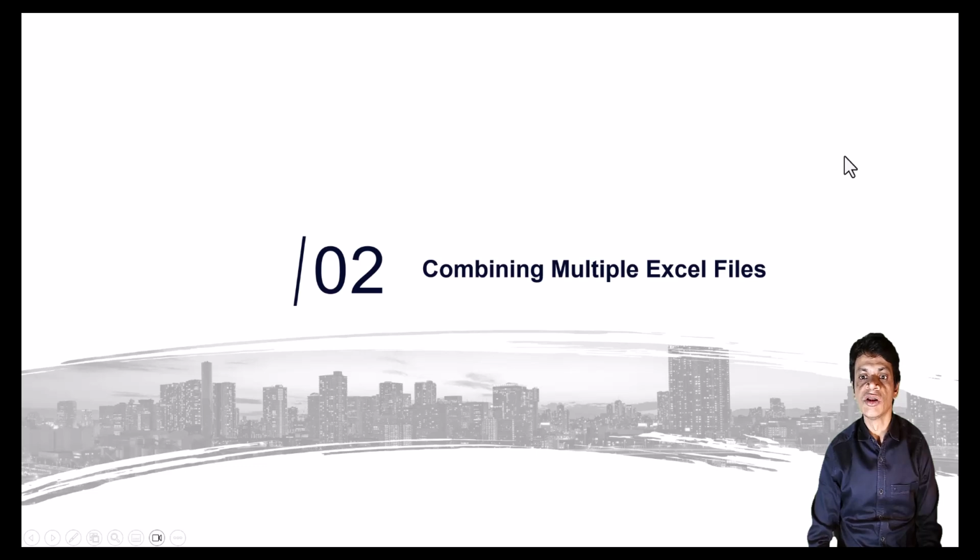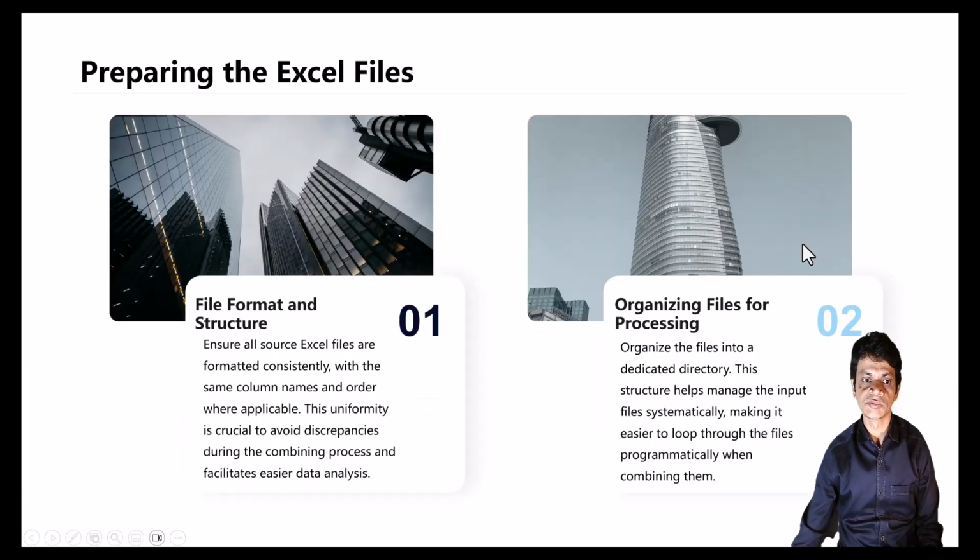Now in this section, we'll see how to combine multiple Excel files and what are the important points we need to consider. Before combining Excel files, we need to ensure that all files have the same structure and the same columns.